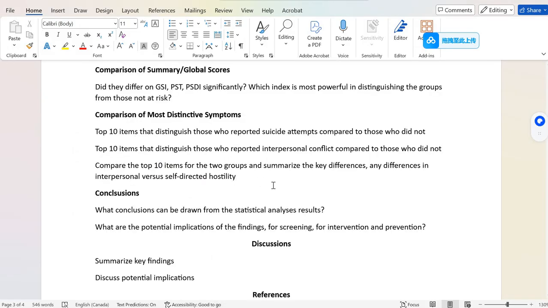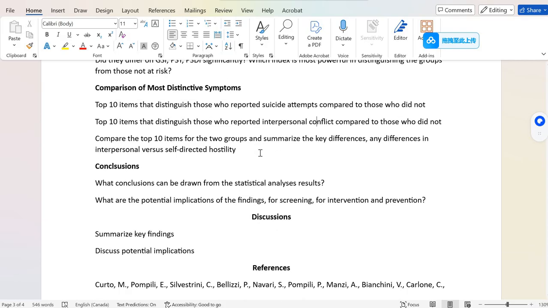The conclusion is that these two groups at risk show different symptom profiles. Those who show suicide attempts show mostly intrapersonal, self-directed symptoms. However, those who report interpersonal conflict show a combination or mixture of interpersonal, other-directed, and intrapersonal, self-directed symptoms. And these results support the hypothesis.